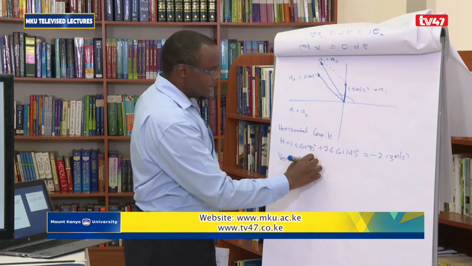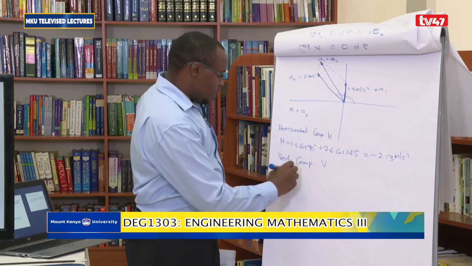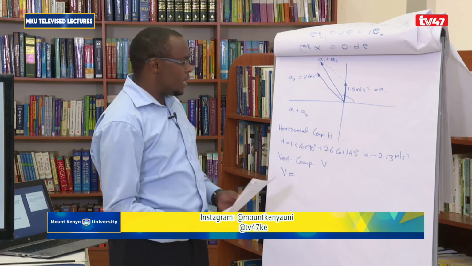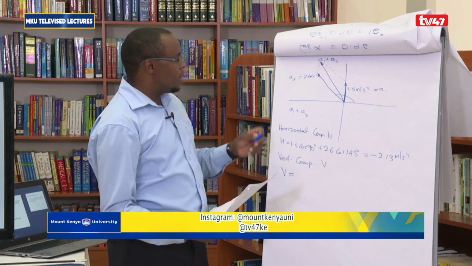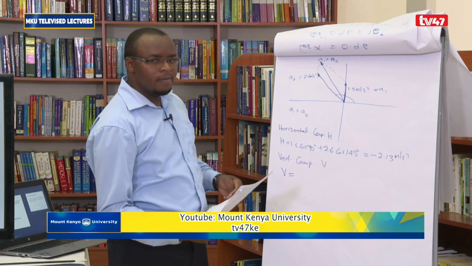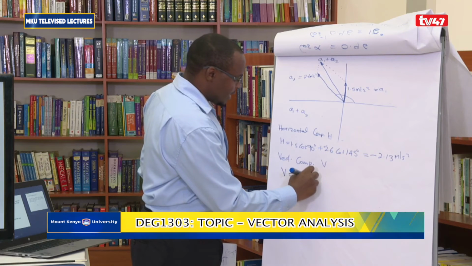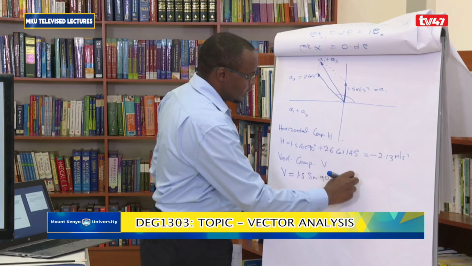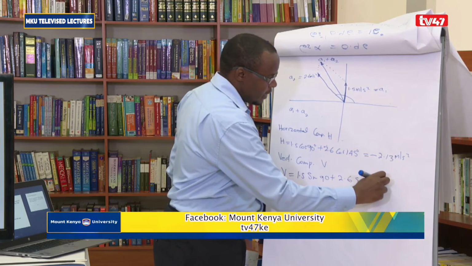The vertical component, again, we represent it with V, and V is going to be given by the product of the sine of the first vector plus the product of the sine of the second vector, such that we are going to have 1.5 sine 90 plus 2.6 sine 145 degrees.